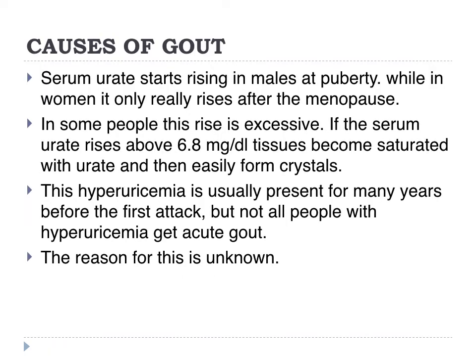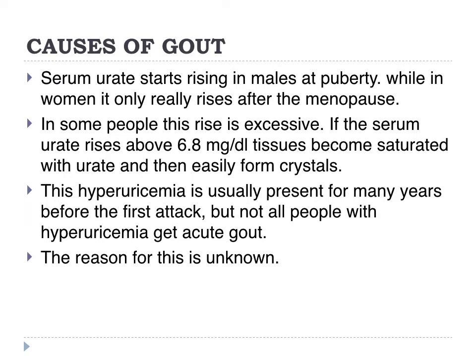Causes of gout. Serum urate starts rising mainly in males at puberty. Note that elevation in hyperuricemia mainly occurs in adult males.